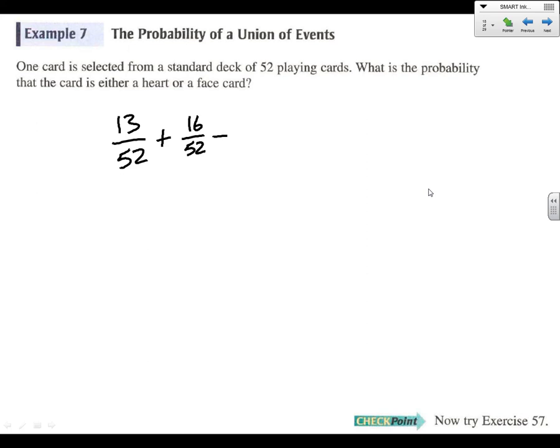Right? However, there are 4 cards that are both hearts and face cards. So we need to subtract out the ones that we've counted in both categories. So that's why we minus the 4. All right, so 13 plus 16 is 29, minus 4 is 25 fifty-seconds. You have a 25 out of 52 chance of getting a heart or a face card.